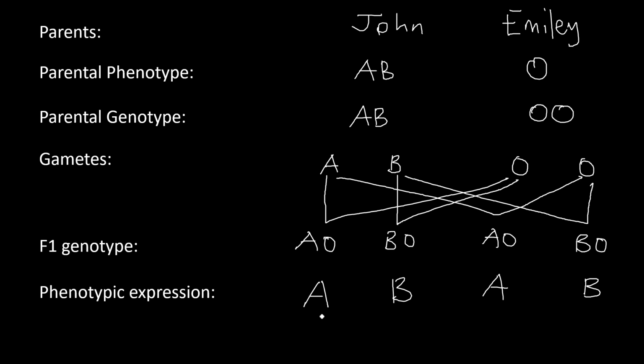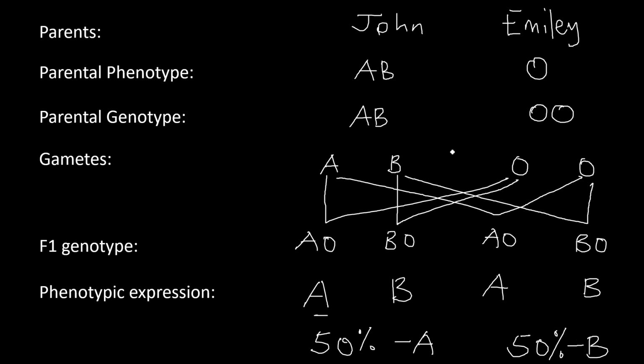So what is the point? So you realize that this child, there's a 50% probability of the child being blood group A and 50% probability of the child being blood group B. So surprising and interesting.